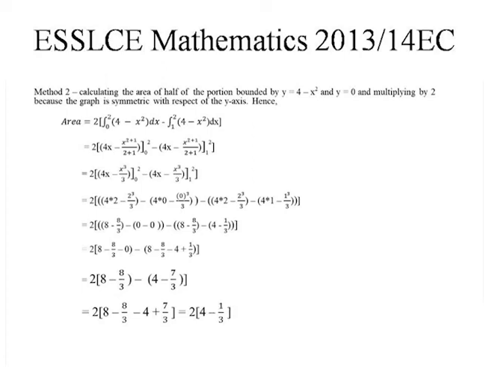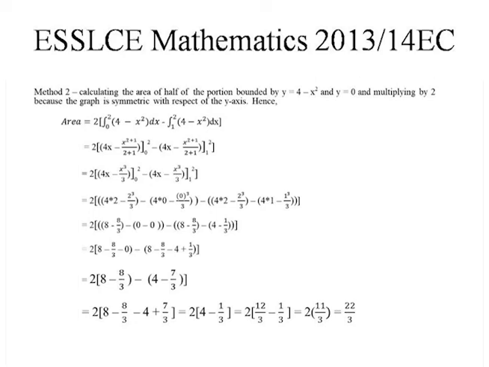So let's make the denominator again similar. 4 means 12 over 3, so we will get 2 times 12 over 3 minus 1 over 3. 12 divided by 3 minus 1 divided by 3 is 11 over 3. So 2 times 11 over 3 is 22 over 3.